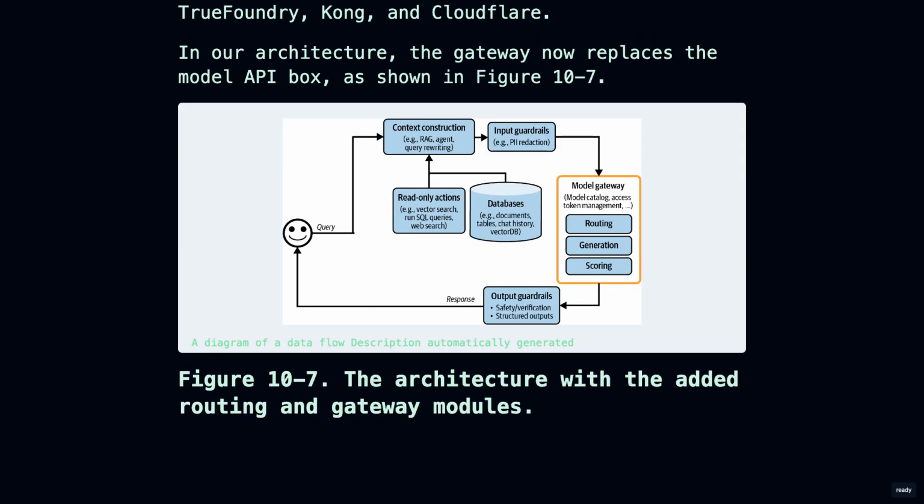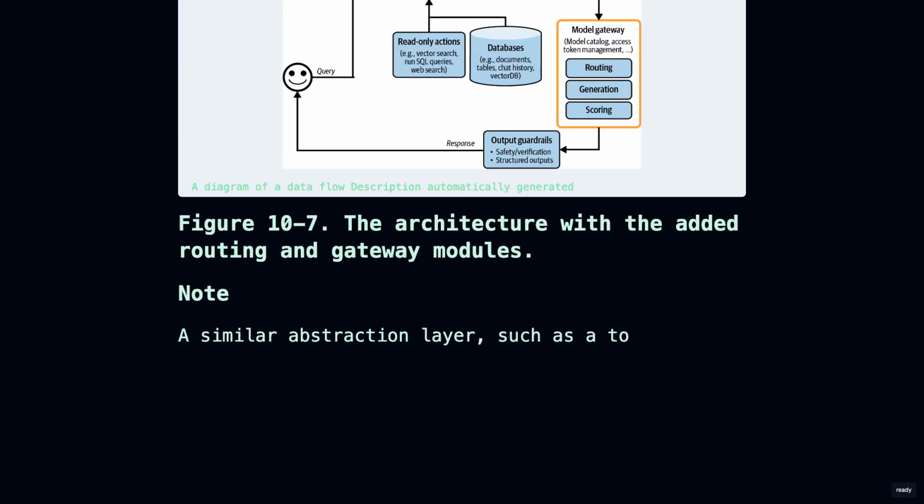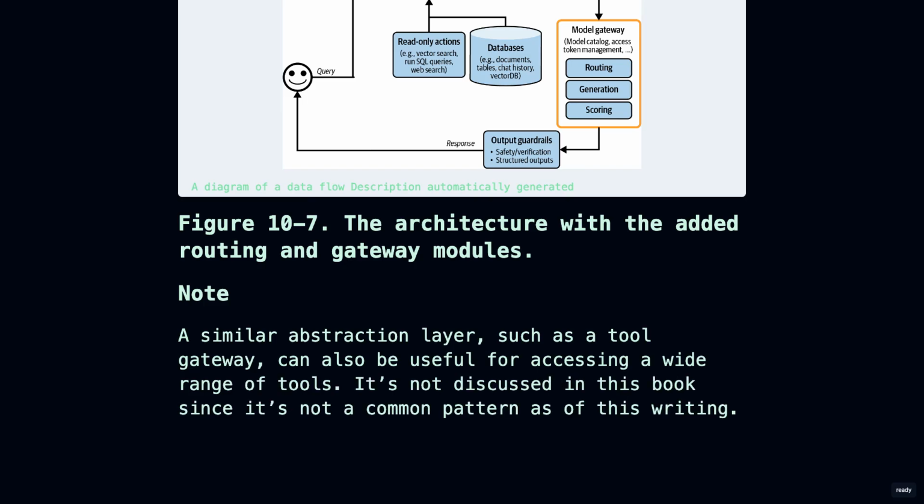The architecture with the added routing and gateway modules. Note: a similar abstraction layer, such as a tool gateway, can also be useful for accessing a wide range of tools. It's not discussed in this book since it's not a common pattern as of this writing.